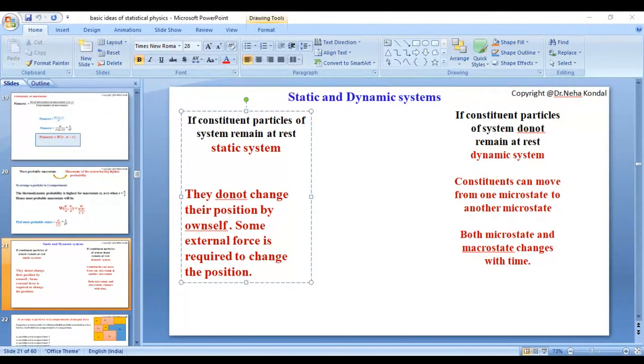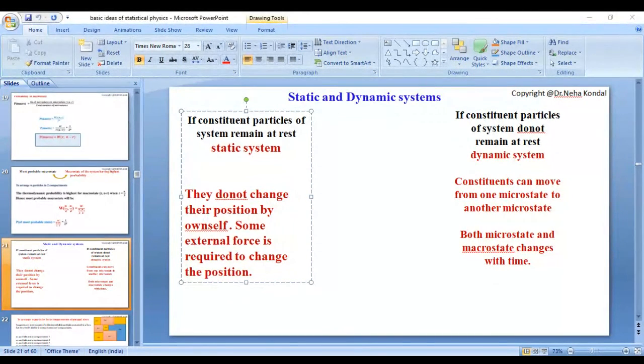And in a dynamic system, the internal forces can make the particle swap from one state to the other state.